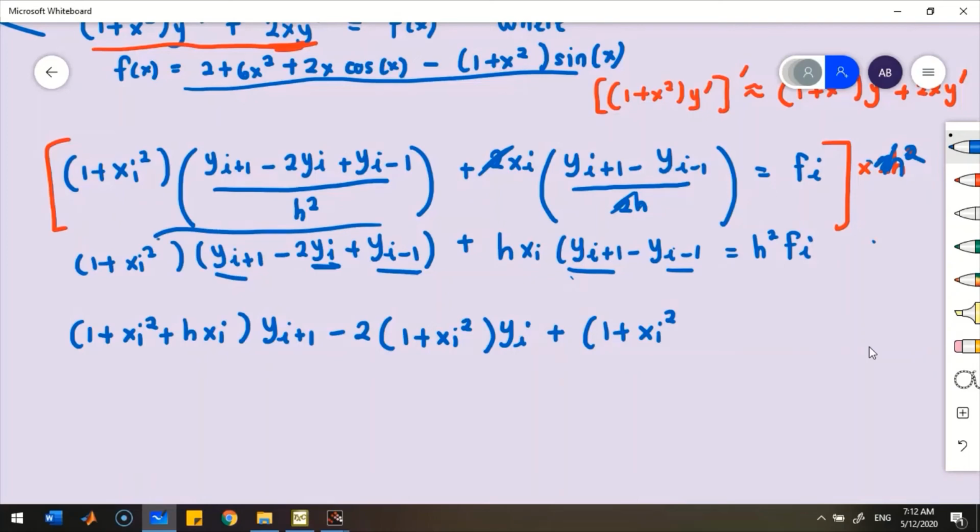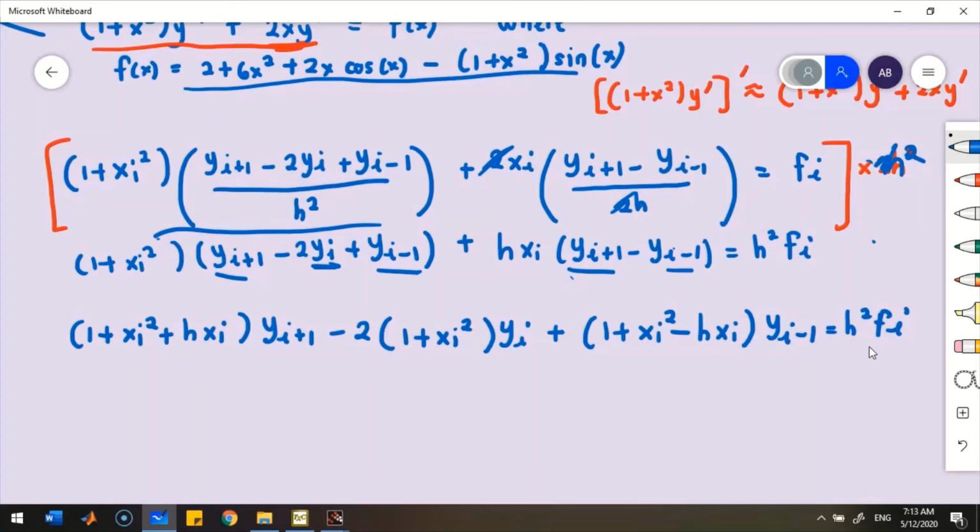And then plus, or minus, just be careful here. I have a negative here, so we have negative h xi yi minus 1. I really hope there's no mistake. I can never tell there is a mistake until I do the next step. Sometimes my eyes are very tricky. I hope this is correct so far. Do I need to take the negative out?